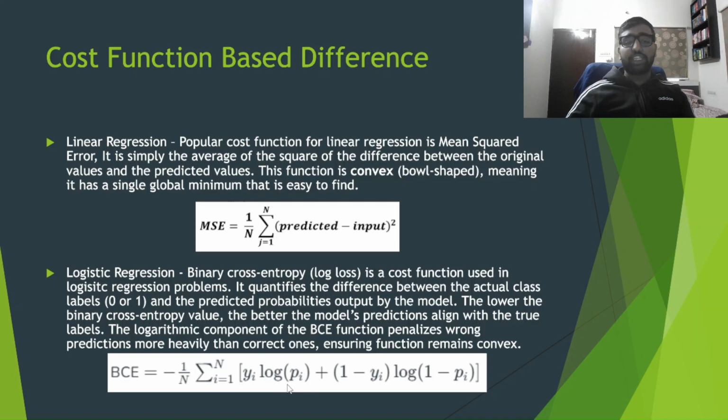The log x function is such that the value of x lies between 0 and 1. The closer the value of x is to 0, which indicates a wrong prediction, the higher the magnitude of log x would be, and the closer the value of x is to 1, the closer the value of log x would be to 0, hence the value of binary cross entropy would be less.